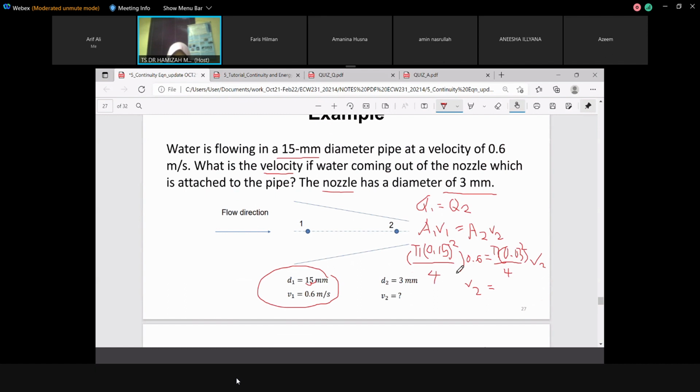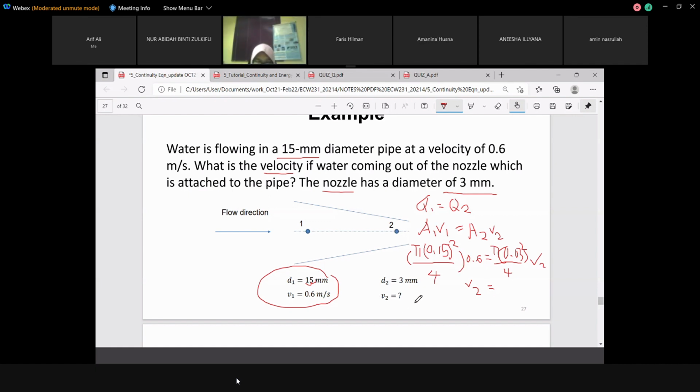What is the correlation between flow rate, diameter and also velocity? Anyone? Can you hear me? The velocity gets higher. Earlier it was 15 here.